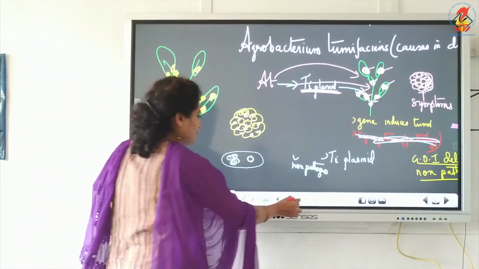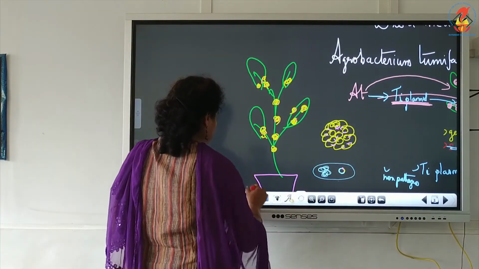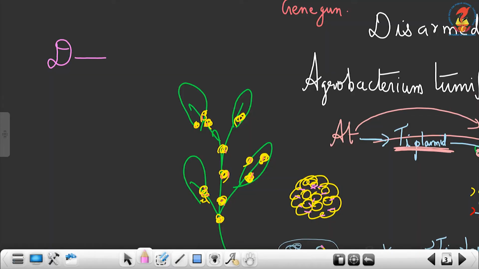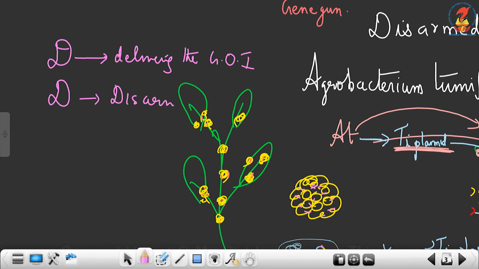Okay, so remember a list of D's. First D is delivering the gene of interest. Next D is disarming the TI plasmid.